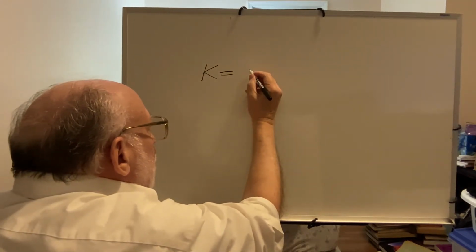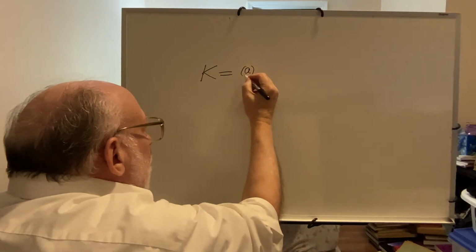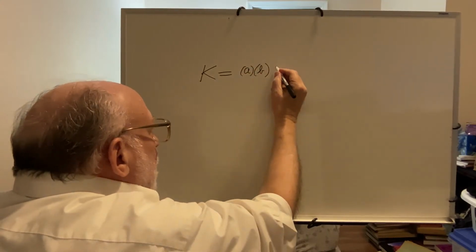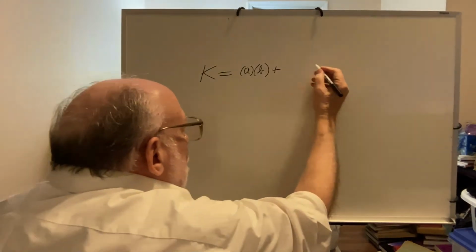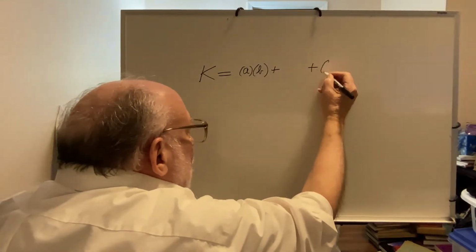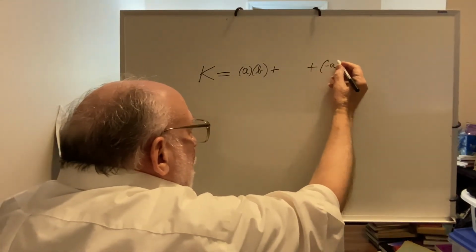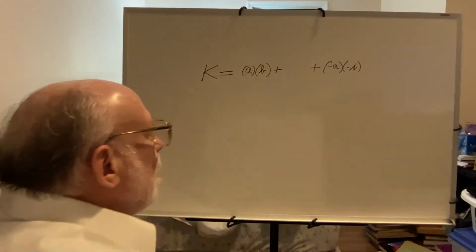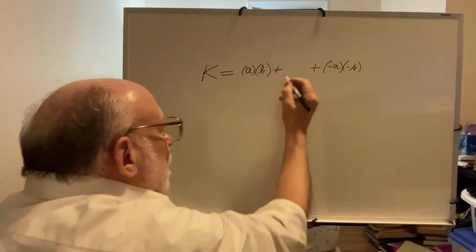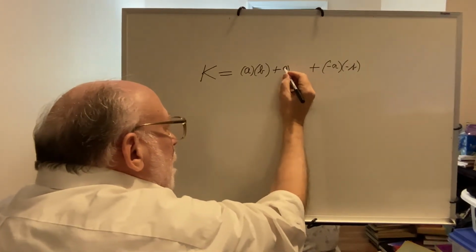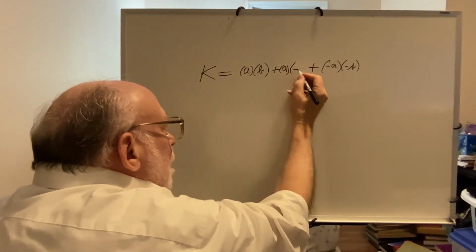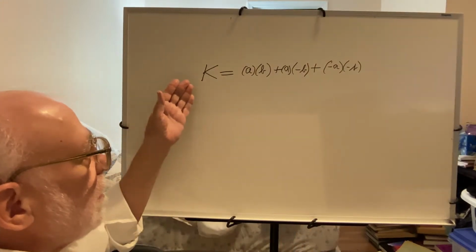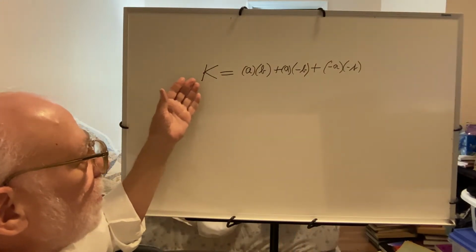We have A times B plus, and then you have negative A times negative B. And we put in a linking term here. We're going to have A times negative B. So here are 3 terms, and this is what we call K.